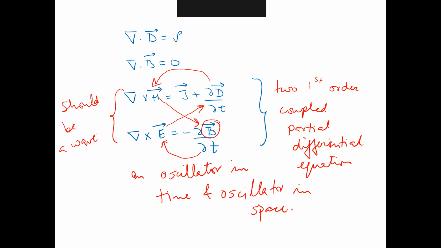That's how this whole set of equations has been derived. If this del D by del t is not there, then there is no coupling happening. But as soon as you add del D by del t, the displacement current in Ampere's law, the two equations become coupled and the solution should be a wave.